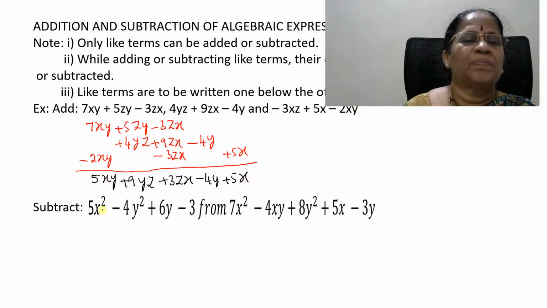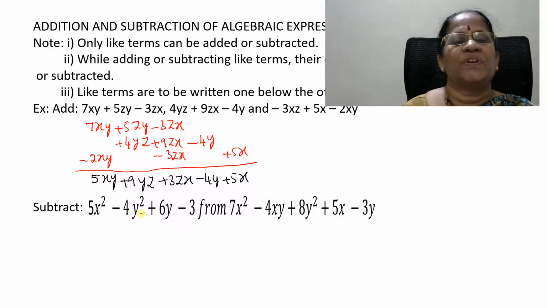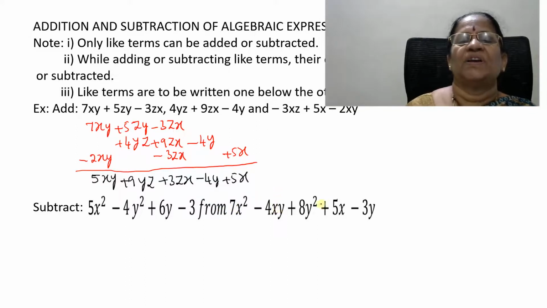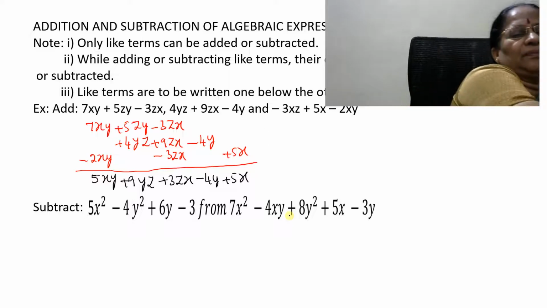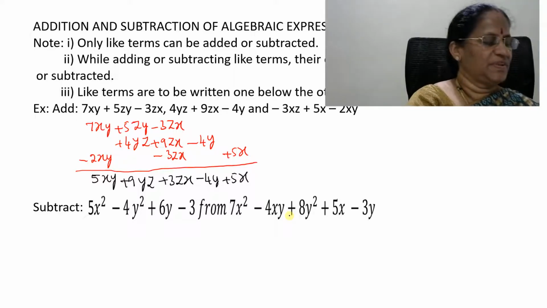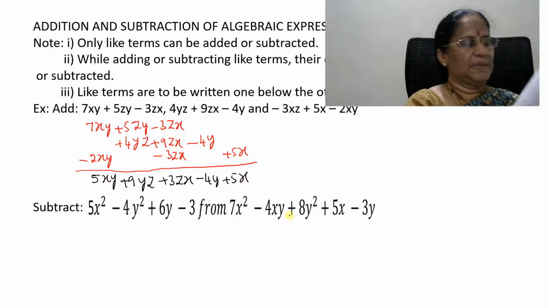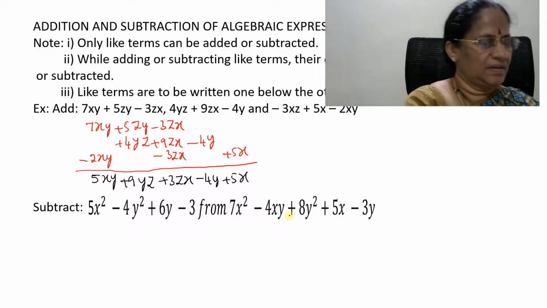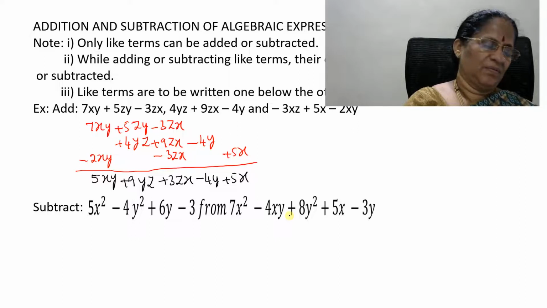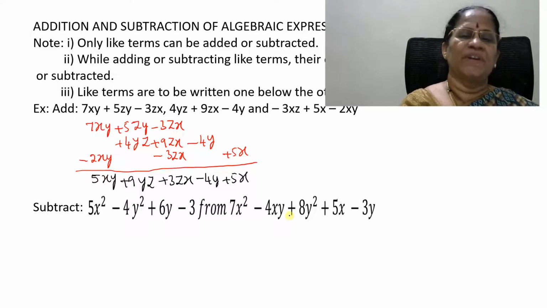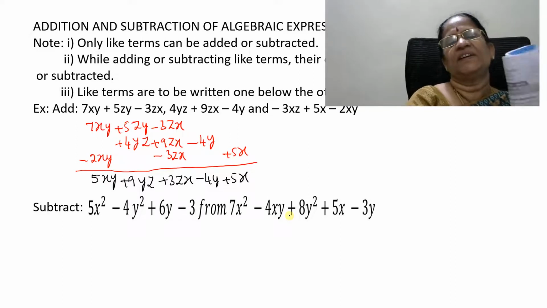Next, subtract 5x square minus 4y square plus 6y minus 3 from 7x square minus 4xy plus 8y square plus 5x minus 3y.